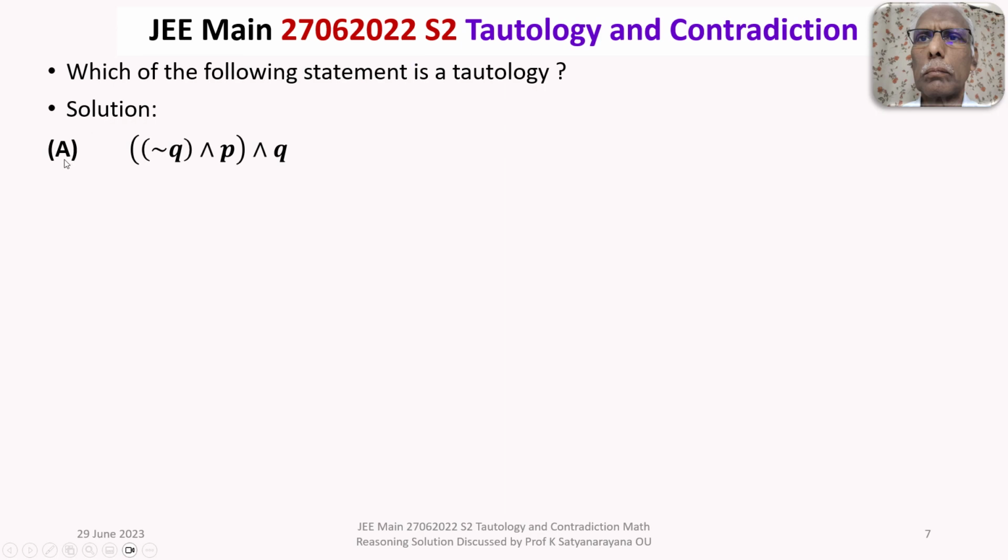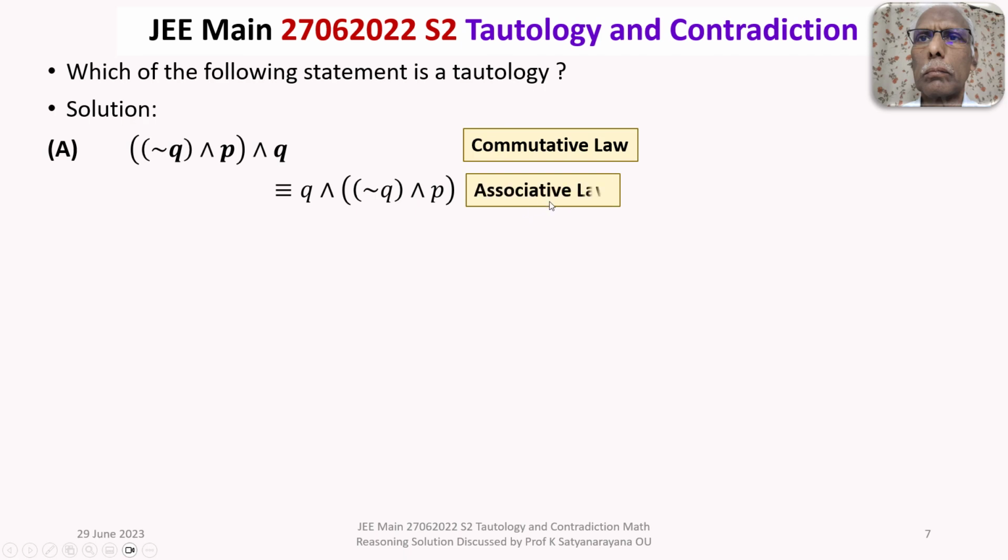Let us take first the option A. The statement given is negation of Q and P, in brackets, and Q. We use the commutative law to bring this Q to the front. This is logically equivalent to Q and, in brackets, negation of Q and P. We use the associative law and associate these two variables.